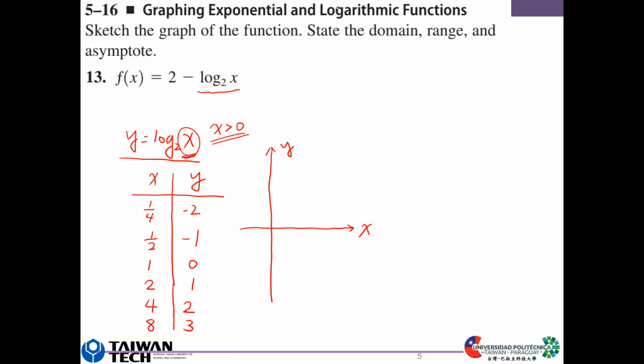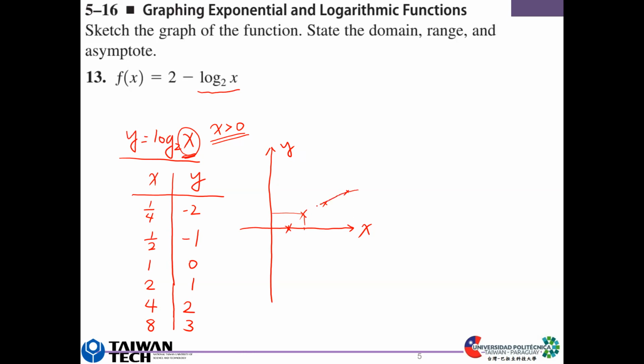So when x equals 1, y equals 0, and x equals 2, y equals 1, it's roughly here, and x equals 4, y equals 2, probably here, and x equals 8, y equals 3, probably here.